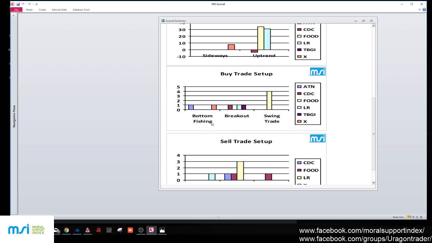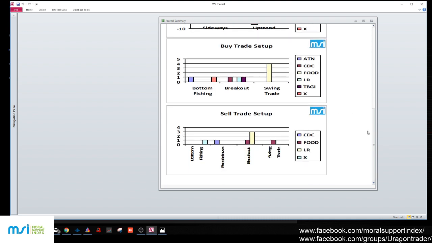So kita natin dito, we have two bottom fishing, and we have three breakout plays and one swing trade. Similarly to our exit strategy, we have bottom fishing, we have breakout, and we have the swing trade.